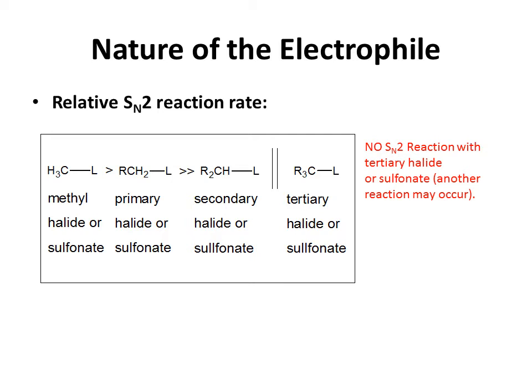At this point, if you put a 3rd carbon on that electrophilic C, you're going to have such a slow reaction that for all practical purposes, this is not going to work. So a tertiary halide or sulfonate will not undergo an SN2 reaction. Another reaction may occur, but it won't be SN2.